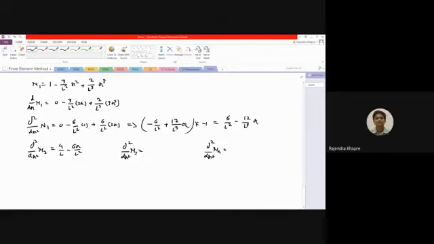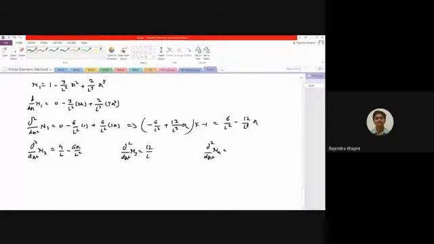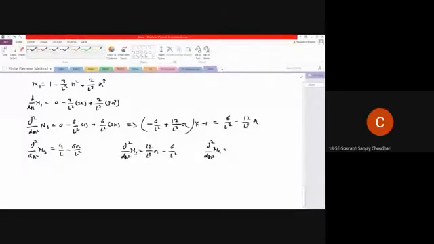Okay, so let's write it down. Minus and plus will come. Sir, plus, yes, plus 12 will come. 12 upon L cube into x, and this will be minus 6 by L square. Yes sir. Okay. Lastly, what will this be?